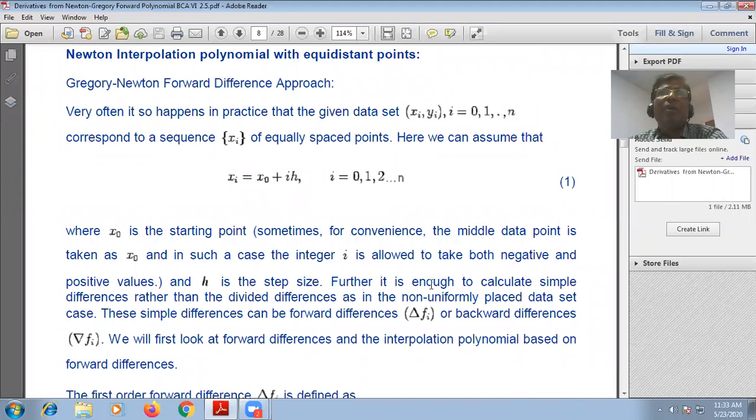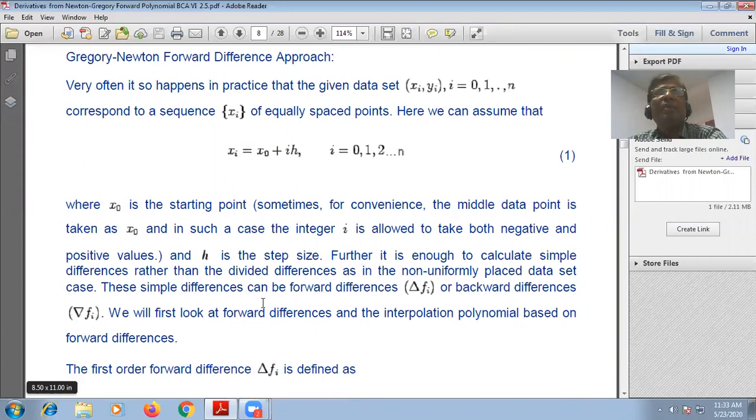Further, it is enough to calculate simple differences rather than the divided differences, as in the case of a non-uniformly placed data set. These simple differences can be forward differences or backward differences. In forward differences the factors increase in the forward direction, and in backward differences the factors are in descending order.